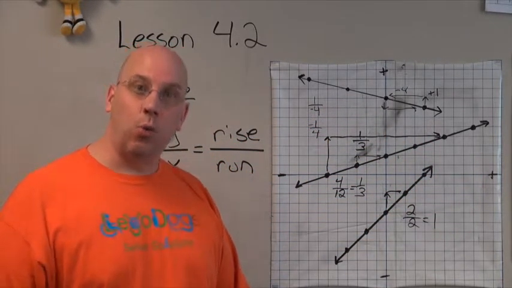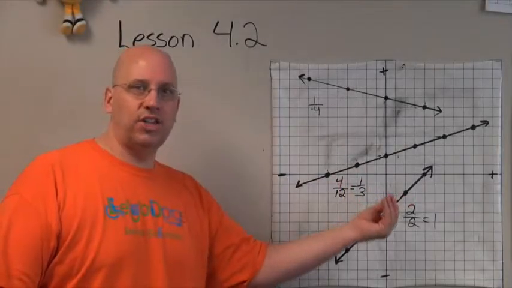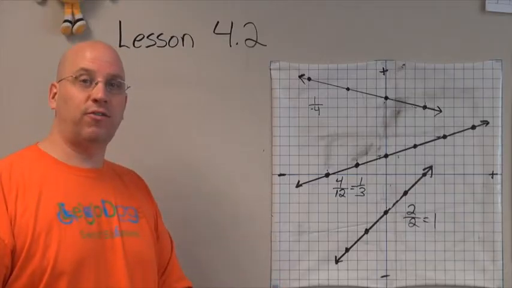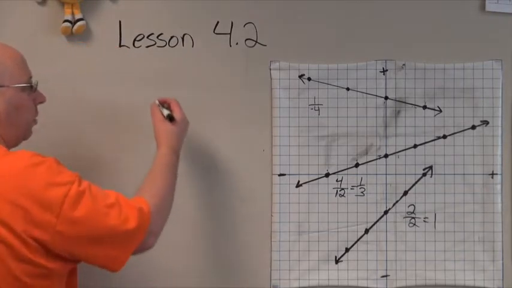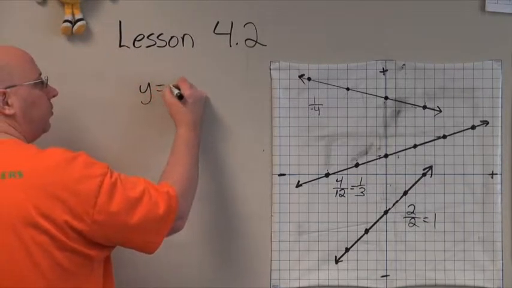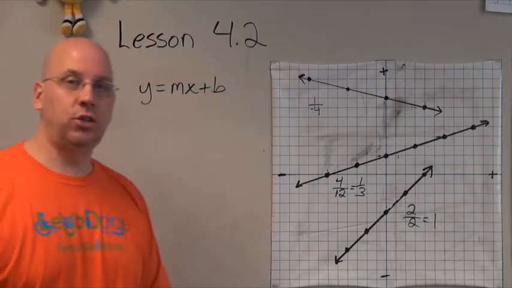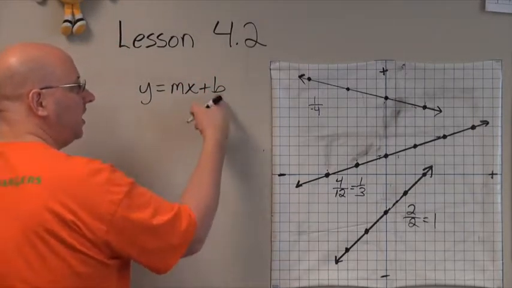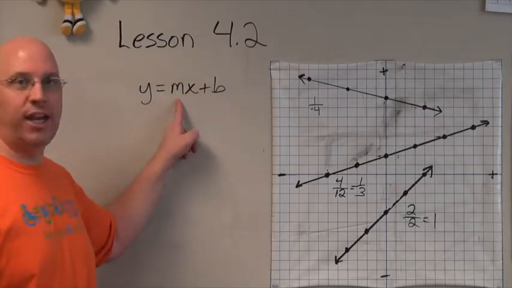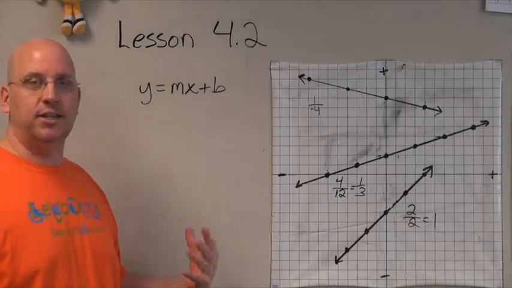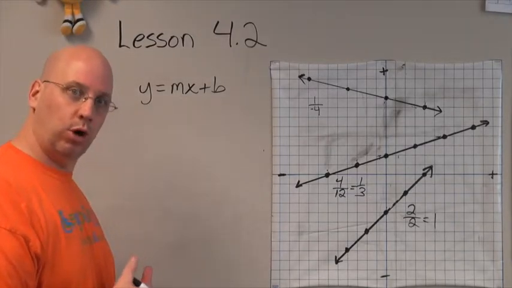Now, let's come up with the equations. So I erased all the stuff and I left just the slopes that we already calculated. Now remember that for a linear equation, the equation that we use is y is equal to mx plus b. What we're trying to do here is find the initial value and the rate of change. The y and the x do not change. There are independent and dependent variables just like they were in the word problems.